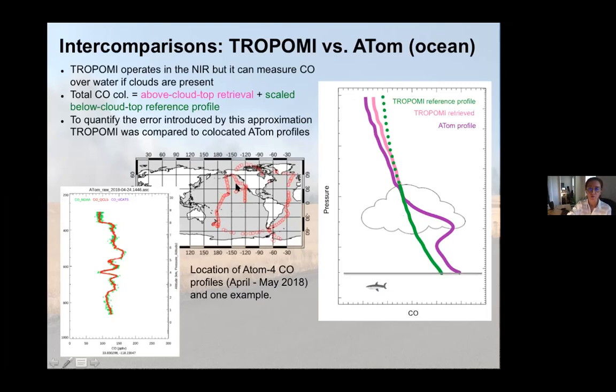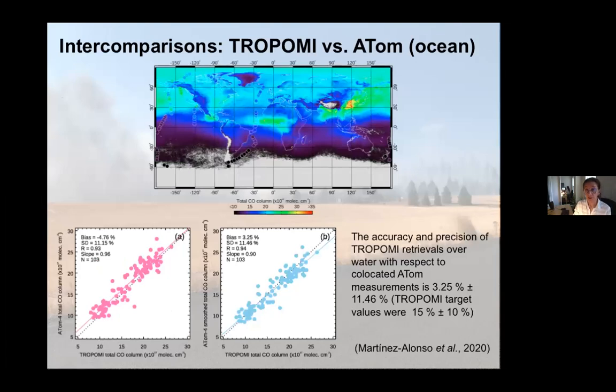Here you have the location of the ACOM vertical profiles that we used. Each dot is one profile, and this is an example of an ACOM profile, very detailed in the vertical. And the results were really encouraging. By applying this approach of filling under the cloud with a reference profile, the errors are in the order of 3% or so.